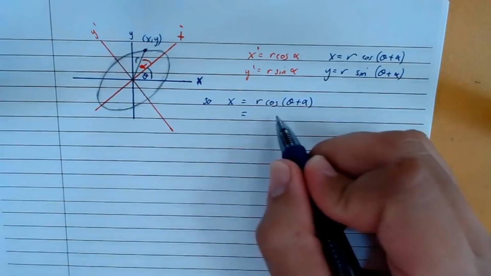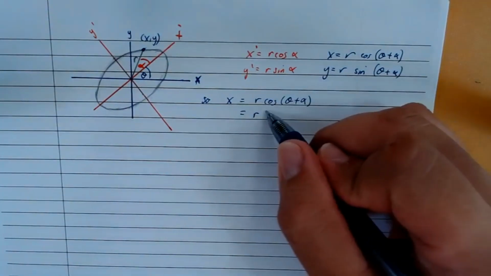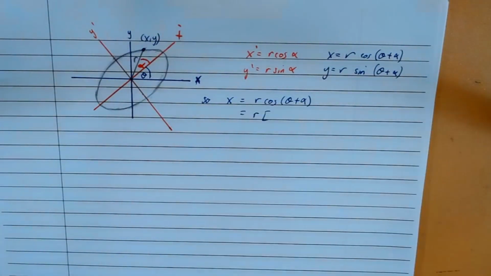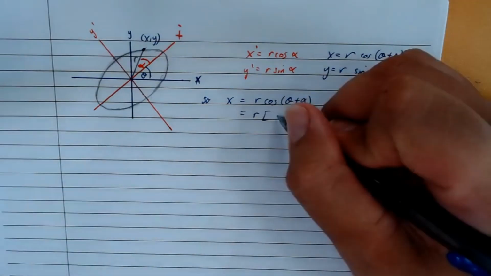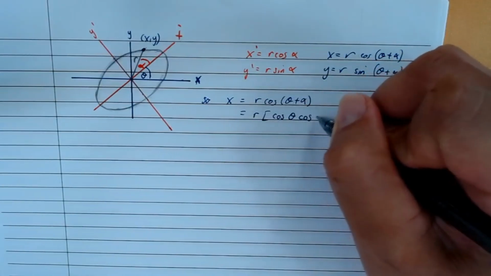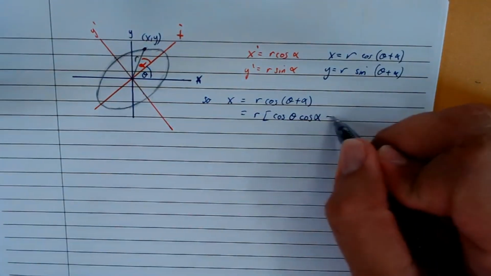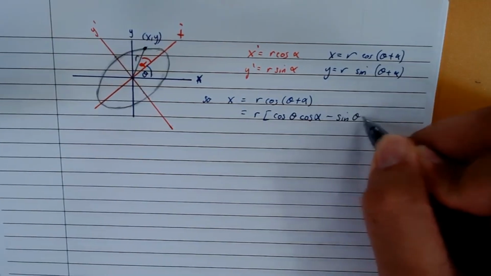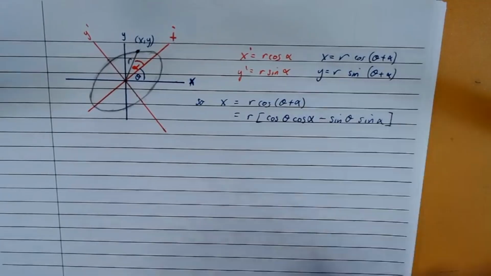But by the sum formula for cosine, that's r times, and we're going to replace cosine of theta plus alpha with the sum formula for cosine, which will be the cosine of the first angle times the cosine of the second angle, cosine theta cosine alpha, minus the sine of the angle theta times the sine of the angle alpha. Like this.